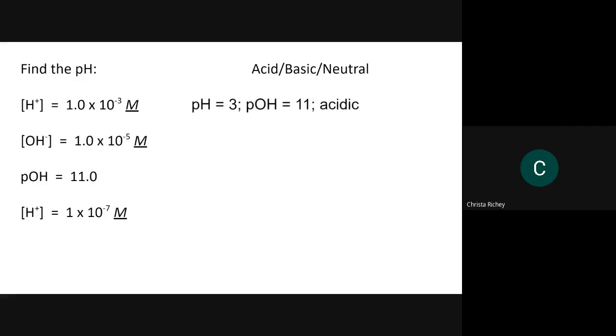It tells you that the pH is 3. If I then ask you what the potential for hydroxide is, it would be 14 minus 3, which is 11. To figure out if it's an acid or a base, you look at the pH level, not the pOH level. 3 is below 7. Whatever this substance is, it is acidic.